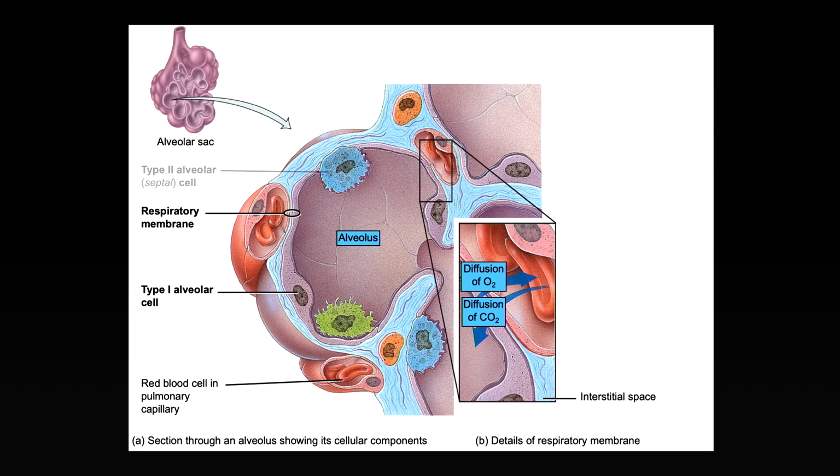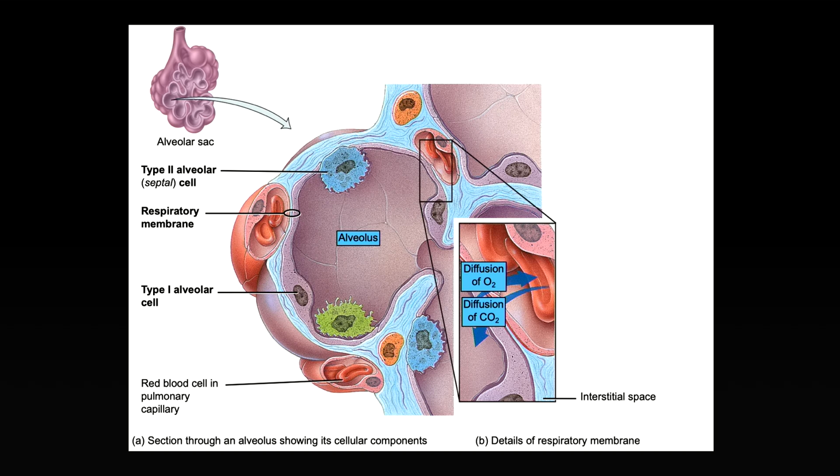Now I just want to point out before we leave, and I'll recap this tomorrow, the difference between type 1 and type 2. Type 2, far less frequent cells within the alveoli, but are very important for allowing the alveoli to function normally. And what I mean by that is not collapse.